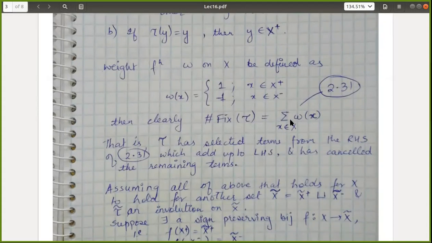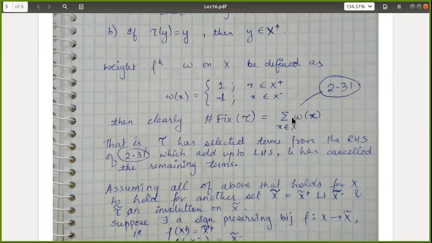So you see again how this cancelling business happened. So this particular tau, which you were calling an involution, it selected terms from the right hand side, which really adds up to the left hand side, and then cancelled out the remaining terms.